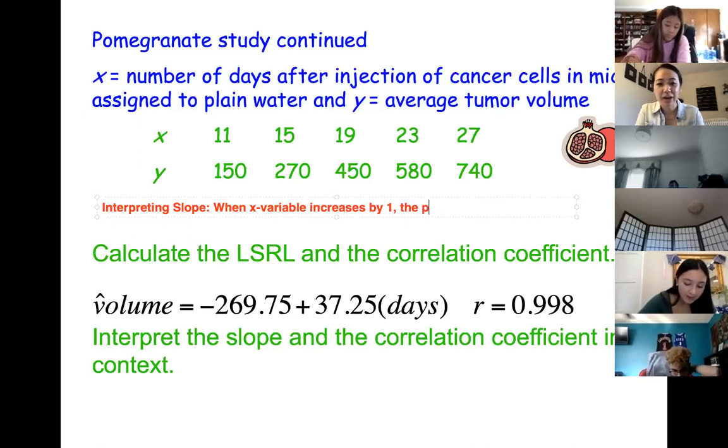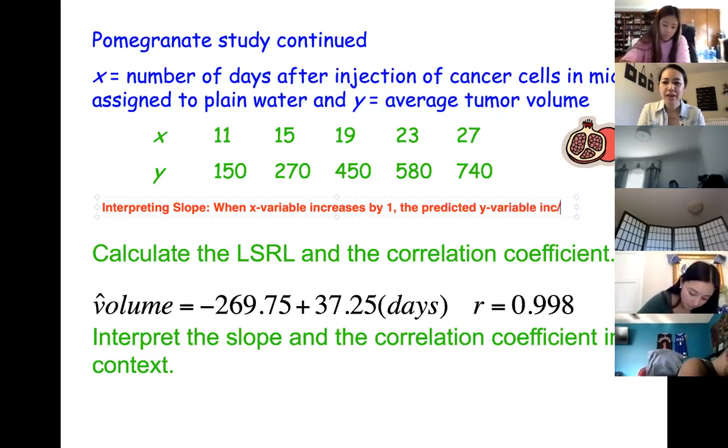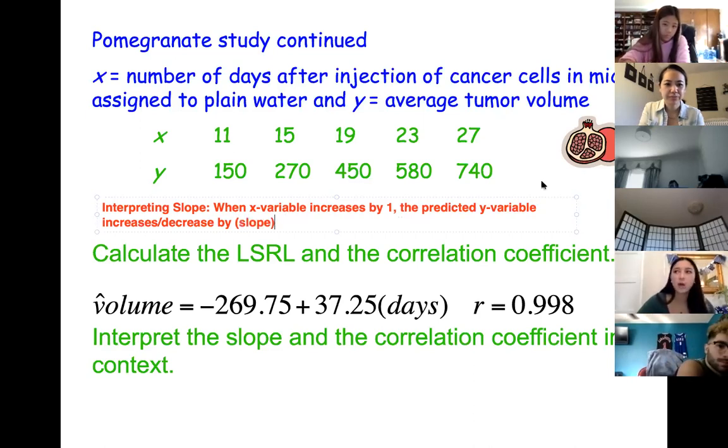So I would say the predicted y variable increases or decreases by the slope.